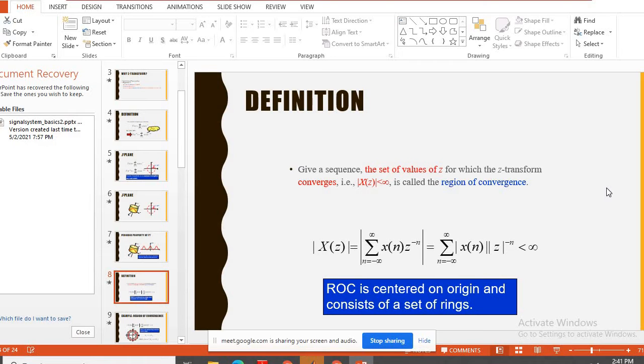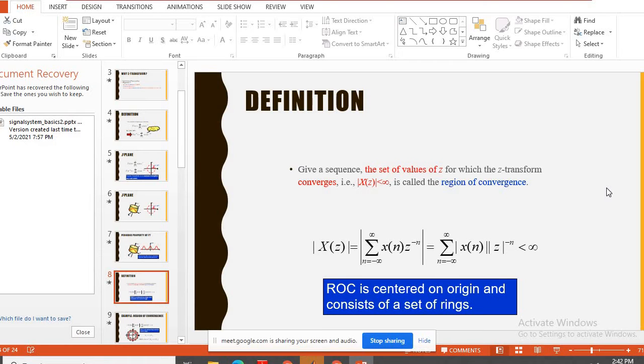Now bounded means less than infinity. So in general, the area or space in the z plane where different z values are available, the area of values of z for which your final answer, after you simplify and solve that summation, is a constant value.